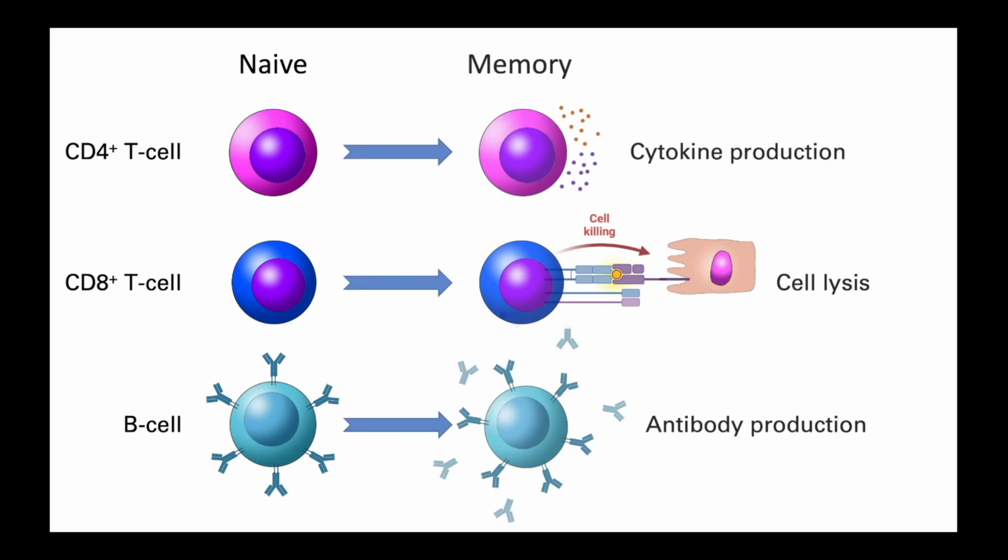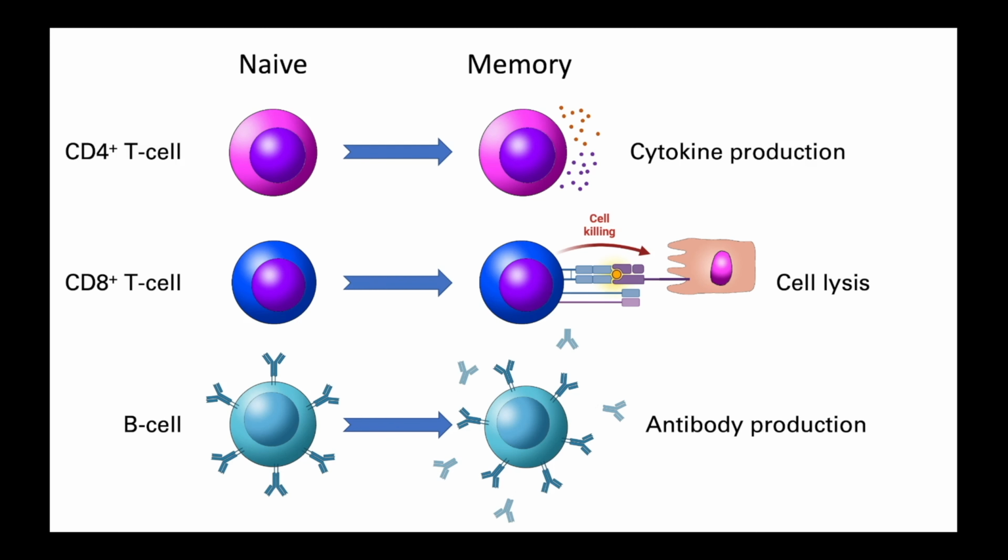Once a naive cell has made that initial encounter and has matured or become activated, we describe it potentially as a memory B or T cell, because it now has the capacity to respond much more quickly and robustly should it come across the same antigen again.